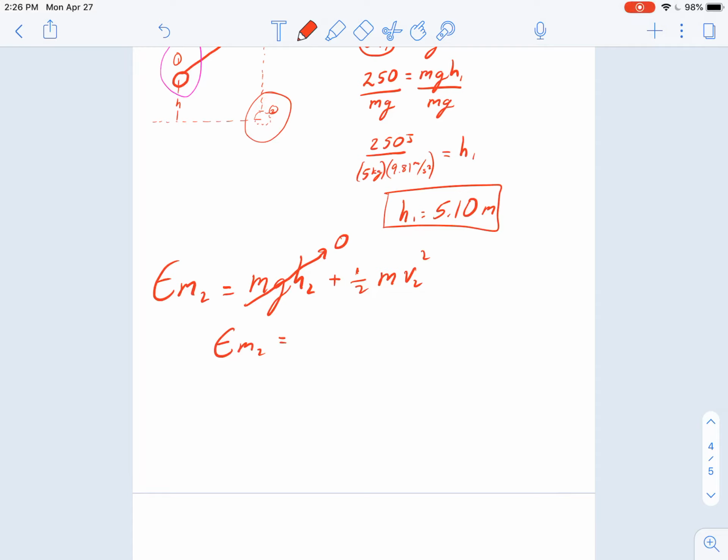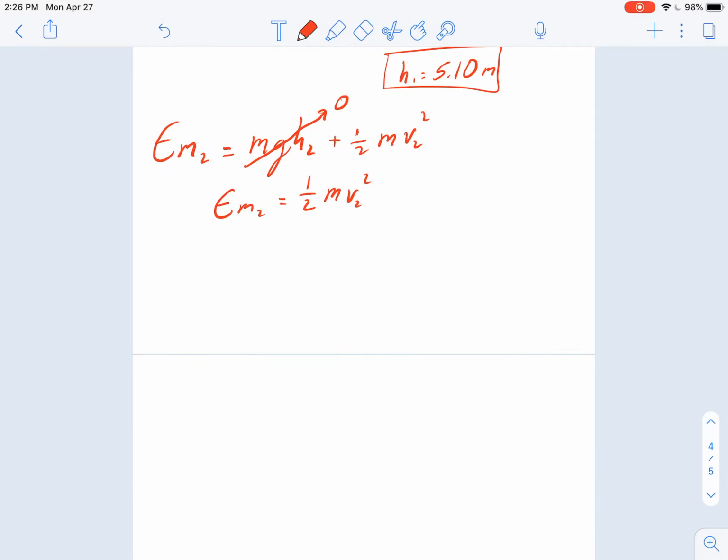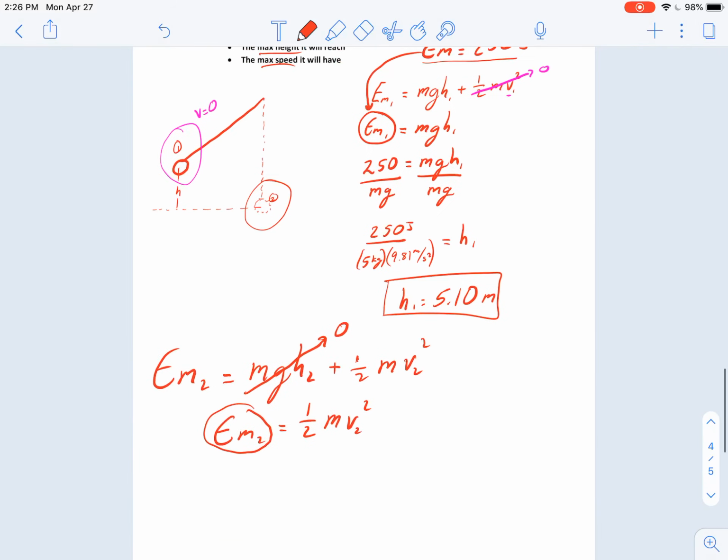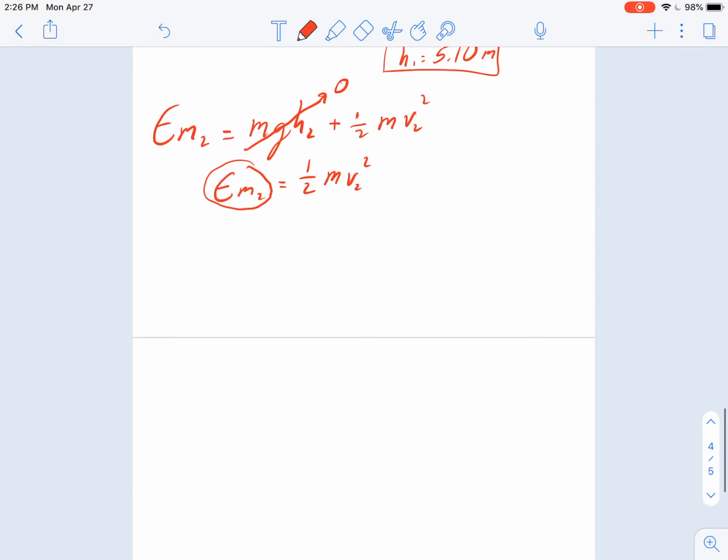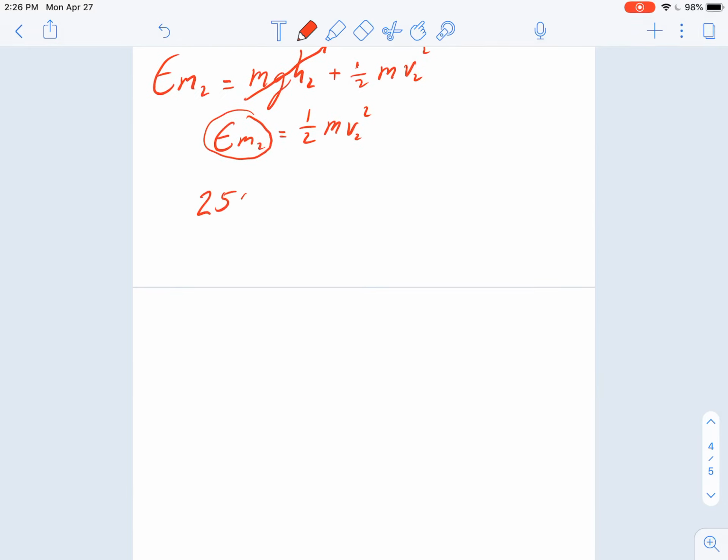EM2 equals 1/2 mv2 squared. This EM2 is the same as EM1, which is the same as the total mechanical energy. So again, 250 joules equals 1/2 mv2 squared.